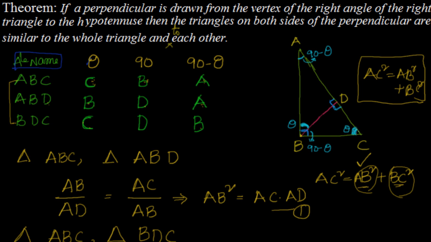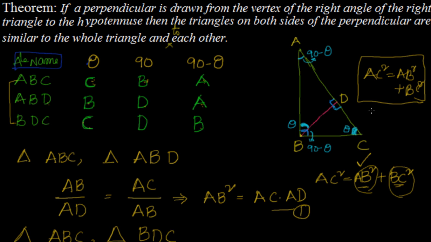How do you see this? Let us start with one arbitrary angle as theta. I have 90 degrees in every triangle, and common angles in all the triangles. So all of them have the same angles: theta, 90 degrees and 90 minus theta.